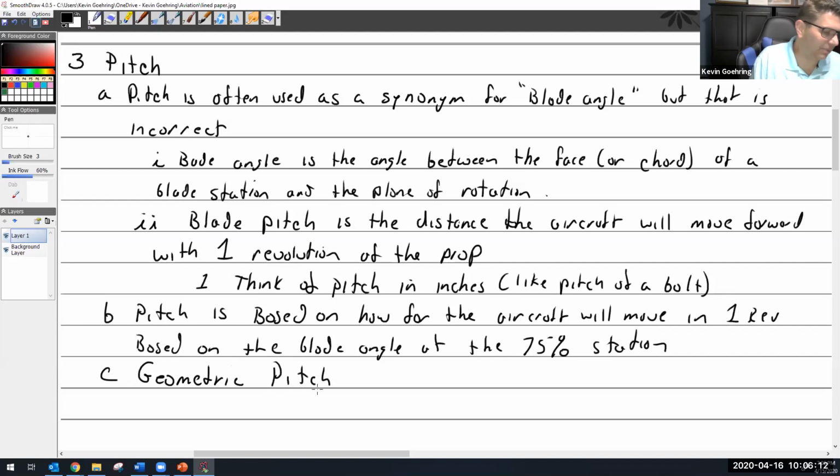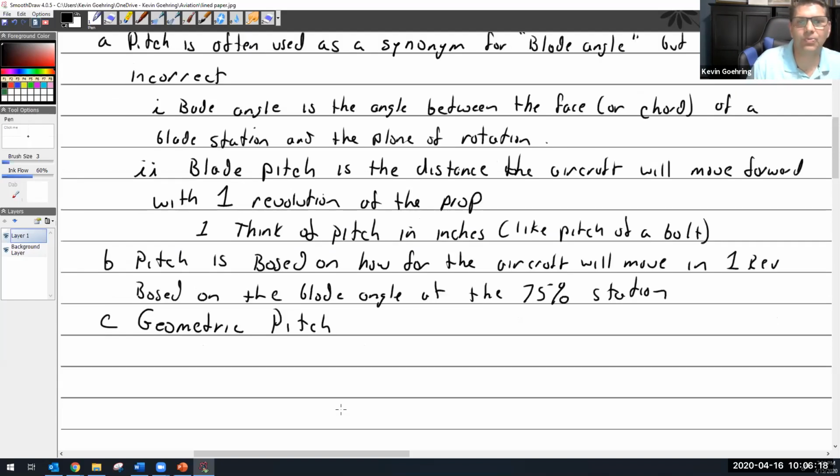We're going to talk about geometric pitch and effective pitch. So geometric pitch is really what I just talked about up here. Everything I just talked about with pitch is based on how far the aircraft moved in one revolution based on the blade angle at the 75% station. Really, I'm going to redefine that.